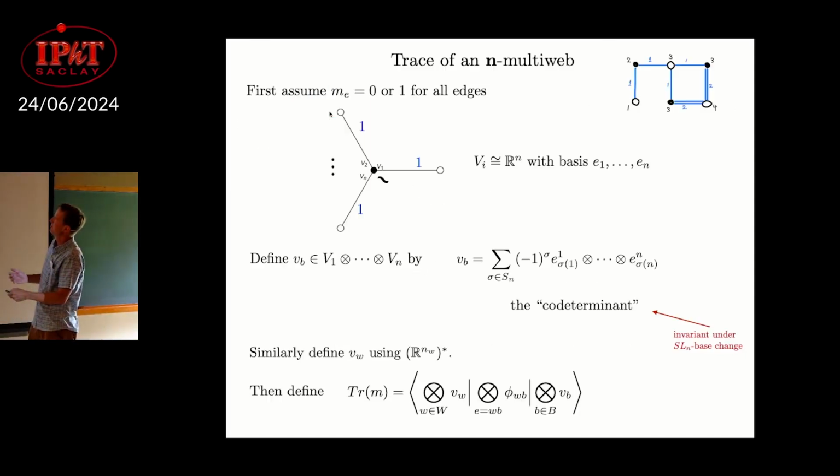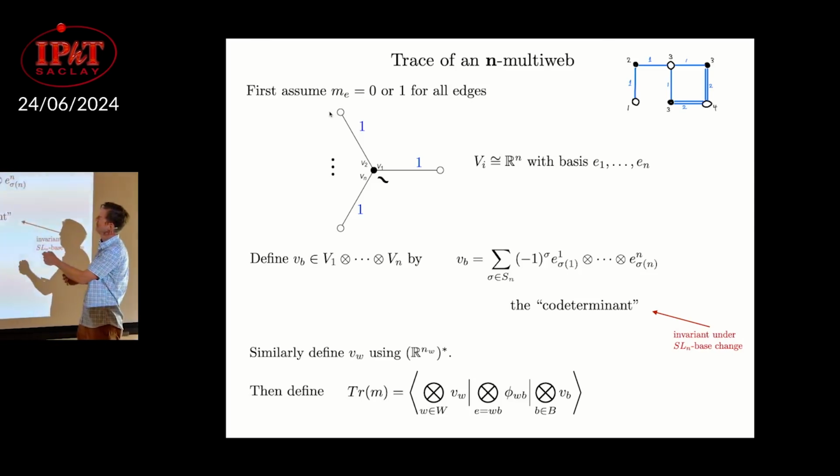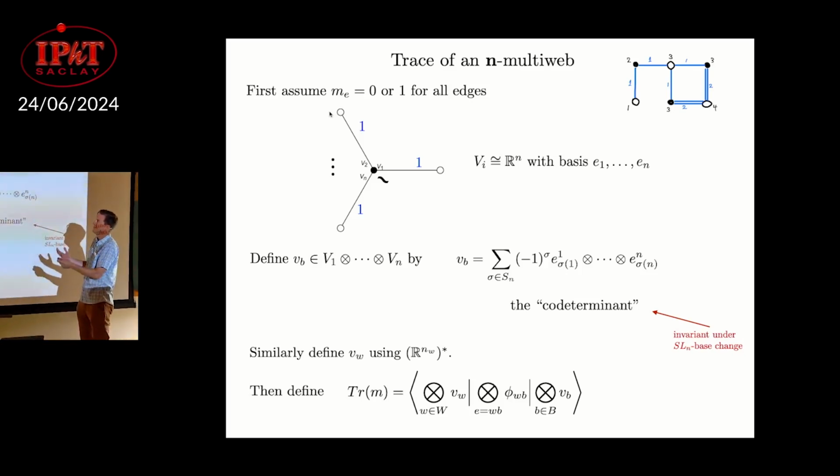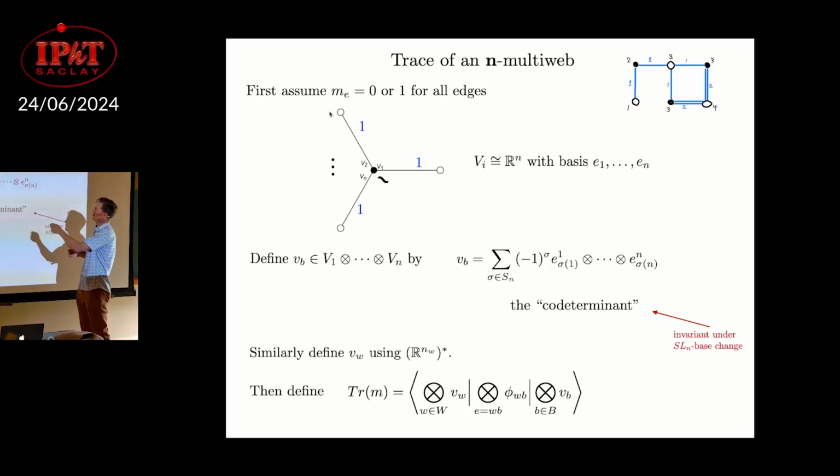if you were paying close attention, you might worry about there was a little mark here. If n happens to be even, then there's an extra sign which depends on where you start, because if I do a cyclic rotation here, I'll get an extra sign.